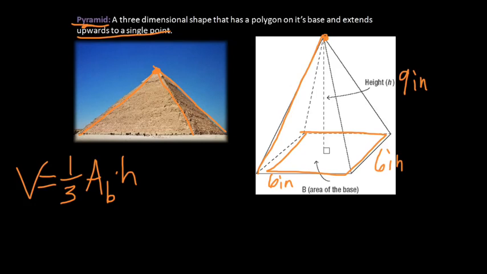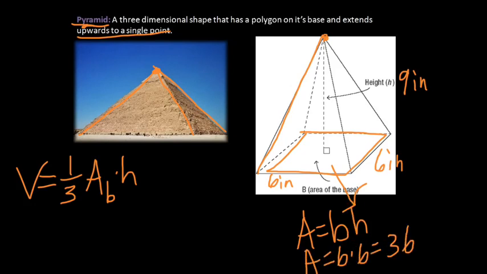Anyways, all we have to do then is we need some dimensions. So let's say that we have a square base pyramid here, which is 6 inches by 6 inches, and then our height all the way up to the top is 9 inches. Okay, so then we just plug it in. The area of our base is base times height, which is 6 times 6, or 36. And then we just plug that in. 1/3 times 36 times 9.